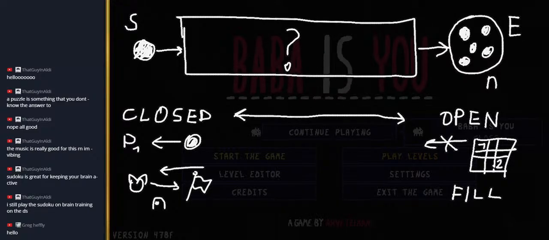Alright, so puzzles can be open or closed in a spectrum. Another way of viewing this type of spectrum is the P versus NP problem. Is anyone here familiar with P versus NP?